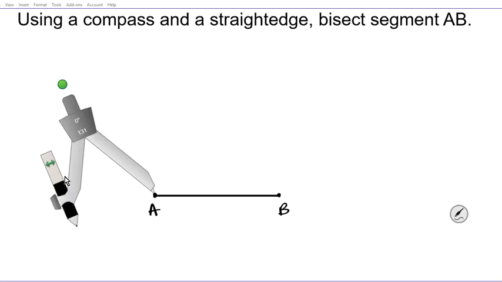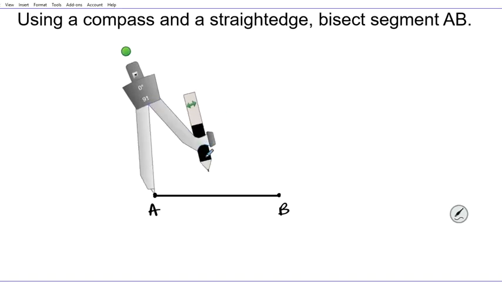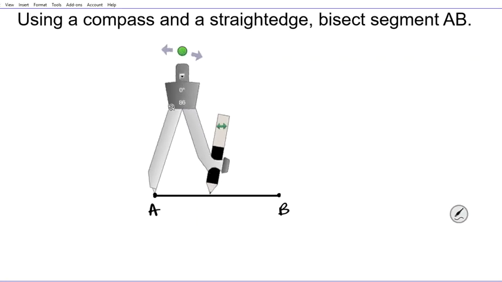Now, as I indicated earlier, you want to make sure that the radius of your compass is sufficiently wide. If your radius is too small, the arcs will not intersect. So the trick here is you want to make sure that the radius of your arc is bigger than the midpoint of the segment.